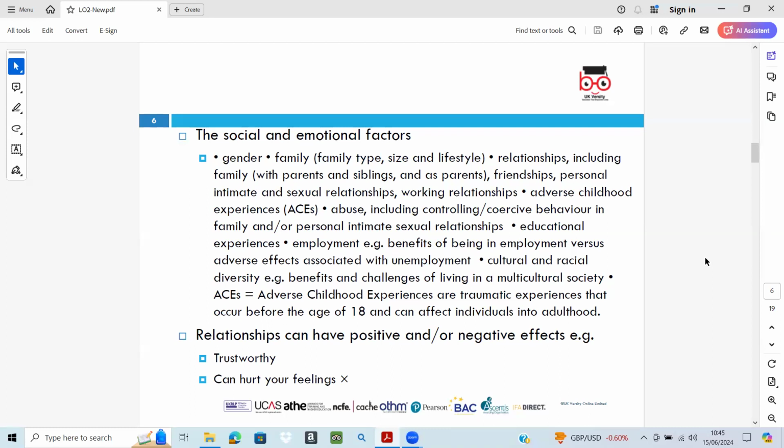For family type and size, we can say single parent households, large families, or extended families, each of them offer different types of support and challenges.